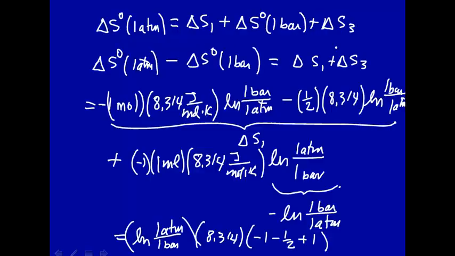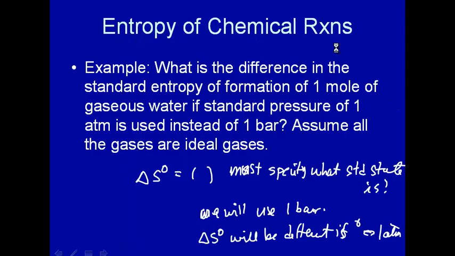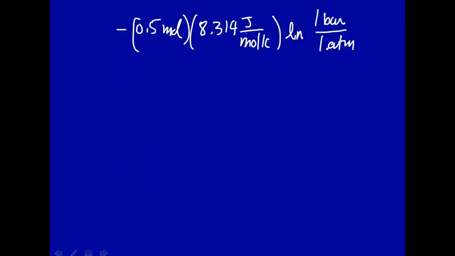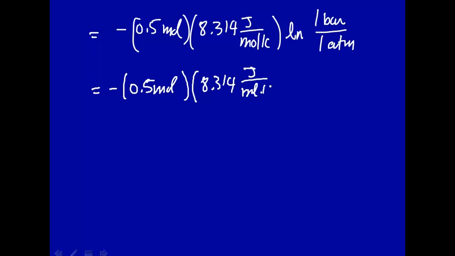Let's see if we can get that. 1 atmosphere is 1.01325 bar. So we can substitute that for 1 atmosphere. So this is minus 0.5 mole times 8.314 joule per mole Kelvin times the natural log of 1 bar over 1.01325 bar. All right, finally we can cancel those things out.